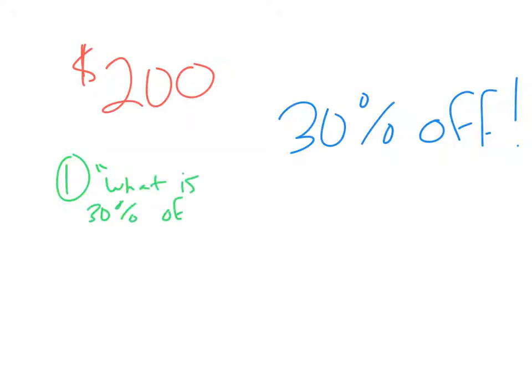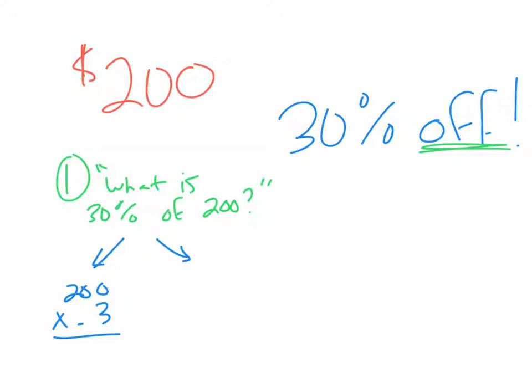30% of 200? Because that means we're trying to find the amount that I'm getting to take off because it's 30% off. So again, that can be done two ways as well. You can take 200 times 0.3, or you can look at it as 30% of 200.